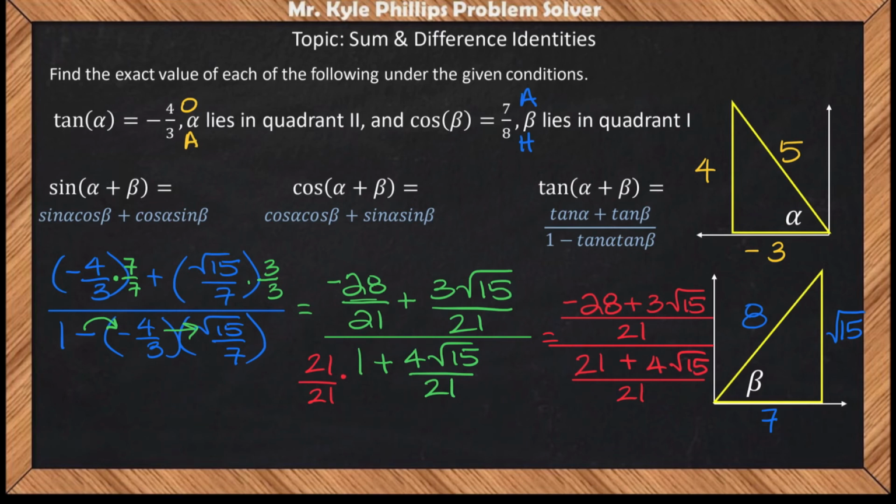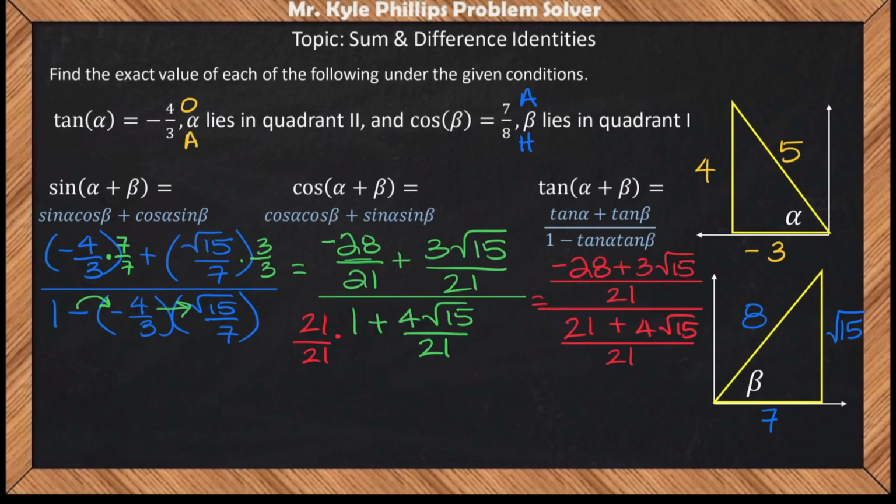Now here you have what's called a nested fraction. So we have a fraction in the numerator and a fraction in the denominator. We don't really want this because there is a little bit of room to simplify. And what we'll do is we'll rewrite this fraction over here in red using traditional notation.